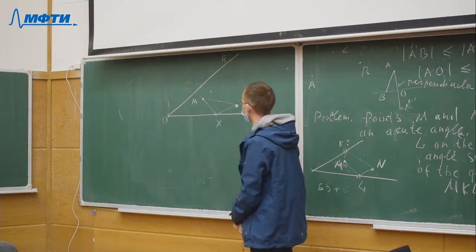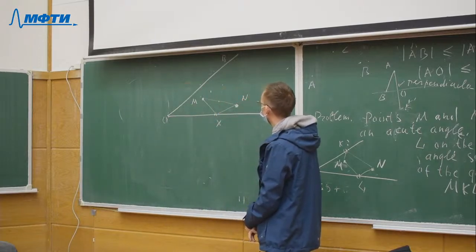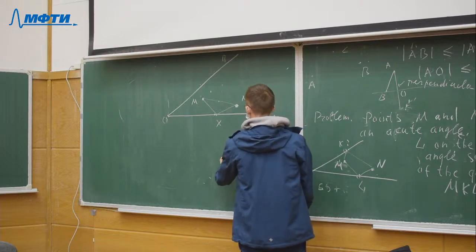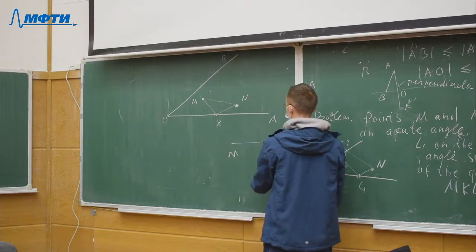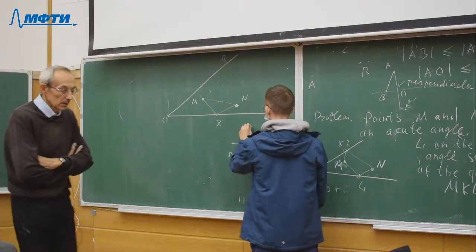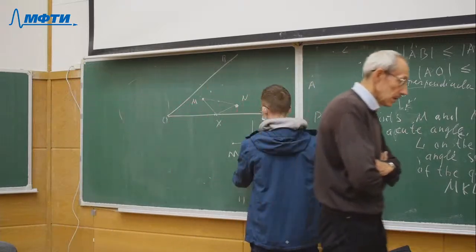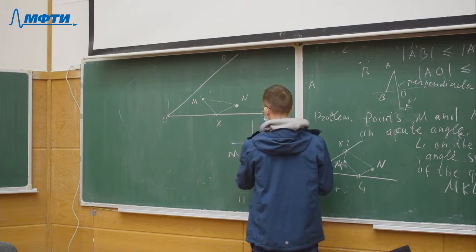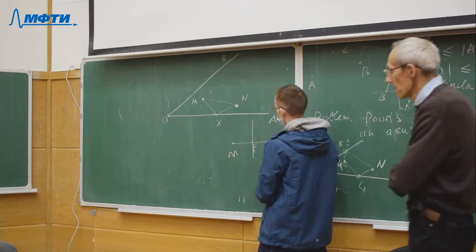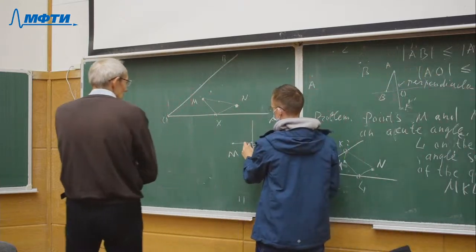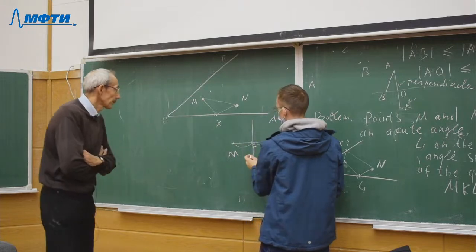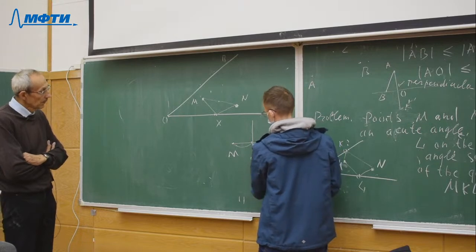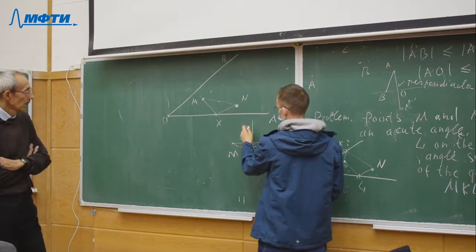Okay, let me think. So in the middle, the distances here are equal, and if we put it at any point on this line A, the distances should be equal.